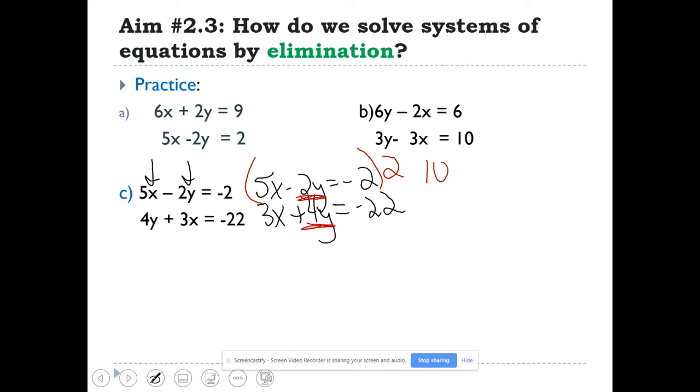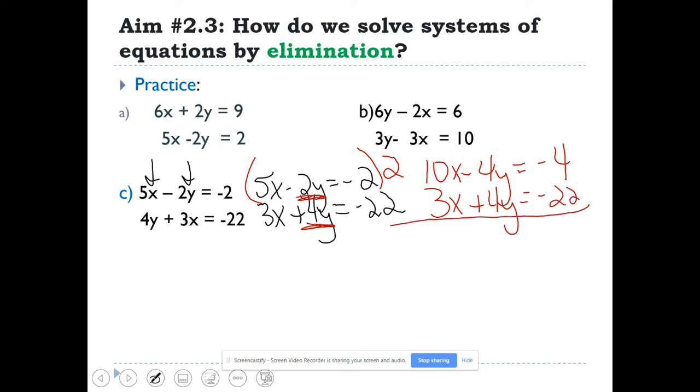So that gives me 10x minus 4y is equal to negative 4 on the top. The bottom, we're not changing at all. 10x plus 3x is 13x. These add to 0. Negative 4 plus negative 22 is negative 26.